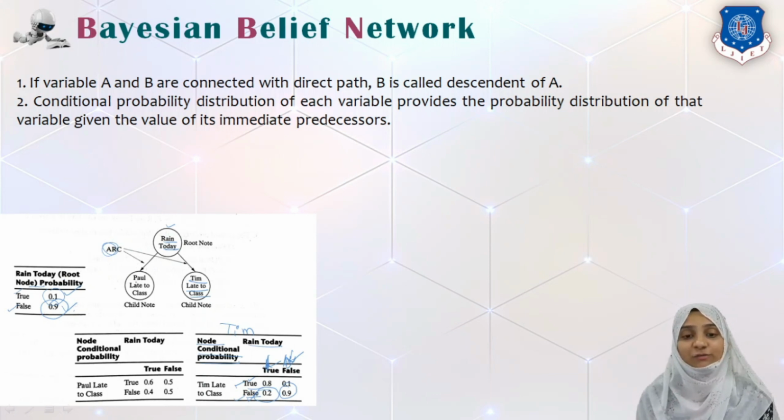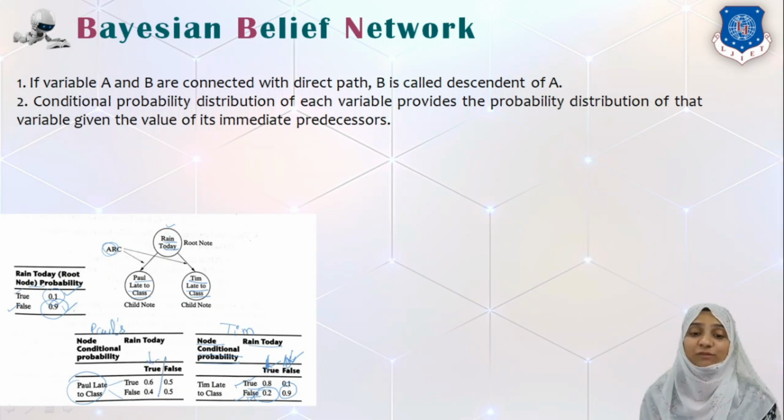Likewise, we will discuss the left hand side, Paul getting late for class. As you can see, this is a descendant of rain today, so it must consider different outcomes of rain today in its probability distribution. So when we say this is Paul's probability distribution, Paul getting late to class, we have two different outcomes, either true or false. But we also consider its predecessor's outcomes.